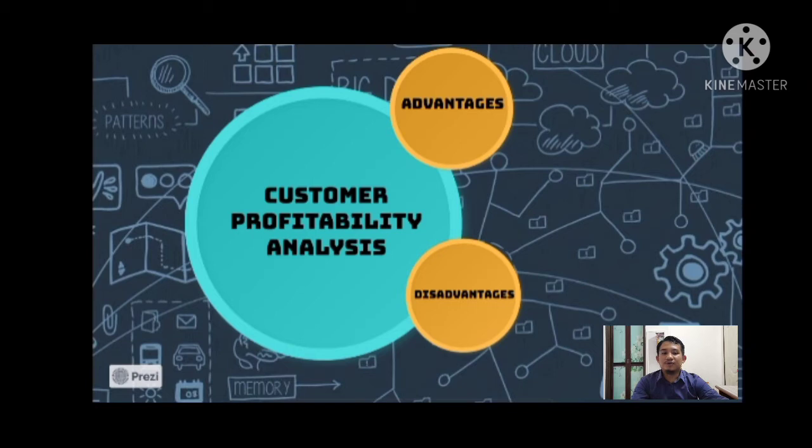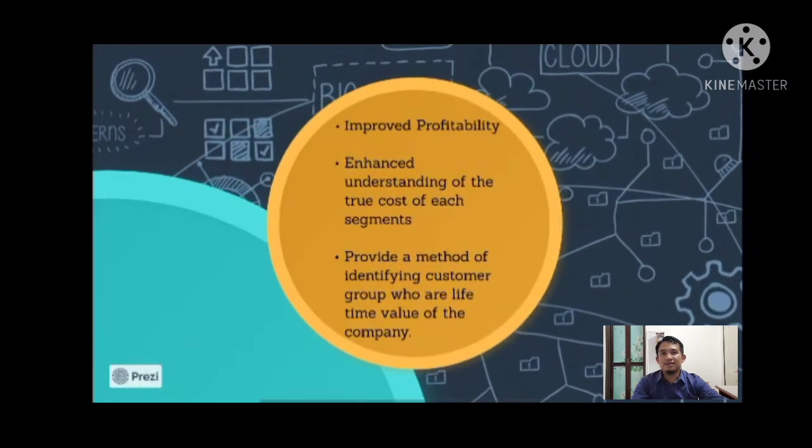They should perform an annual analysis of customer profitability. Therefore, organizations and businesses can keep customers who can contribute profit and cash flow to their funds. So now we take a look at the advantages and disadvantages of the system.